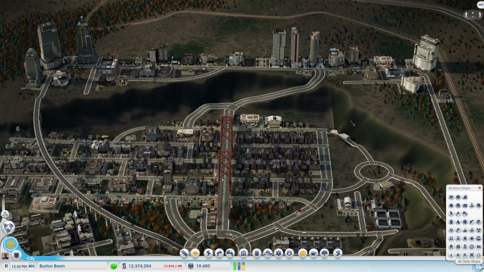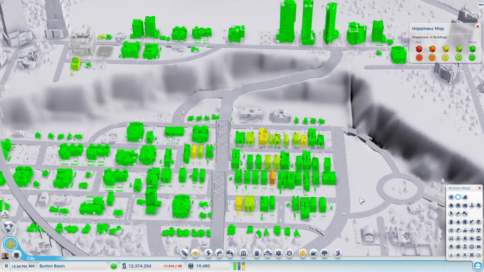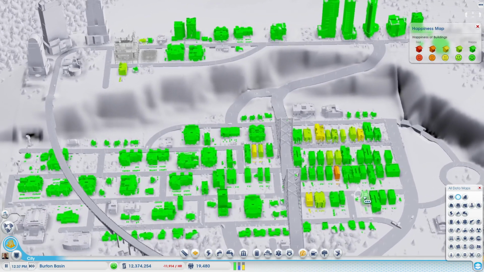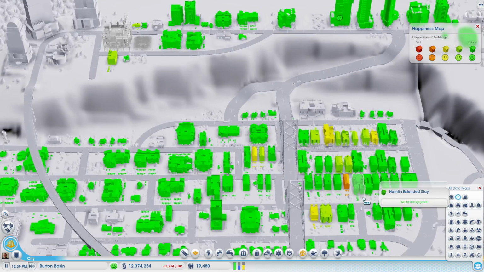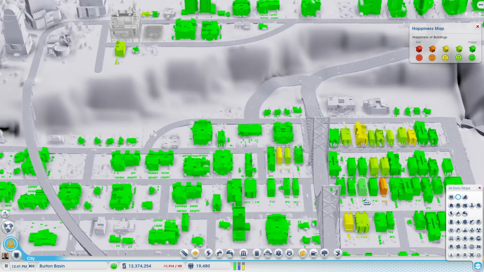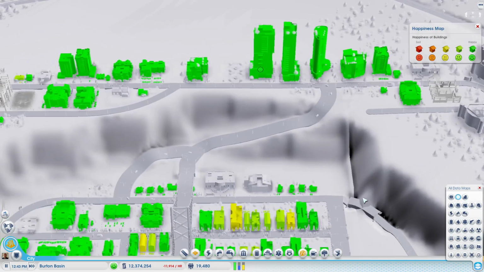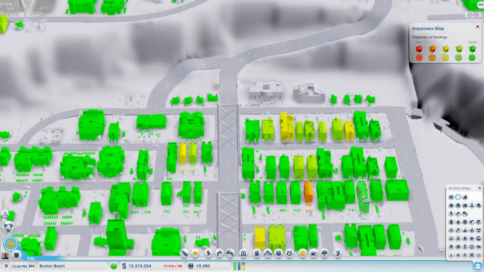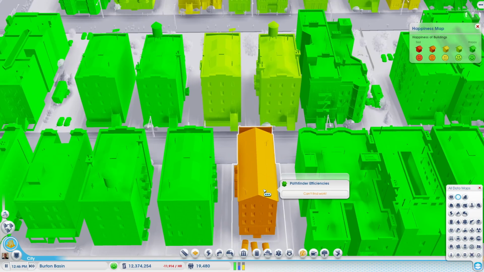With the data layers, the big one is happiness. When I clicked on the government, it was showing me smiley faces, and it's hard to get an idea of what's going on. This is where you can really zoom in and look for, okay, are we green, light green, orange, red, and then get close and find out why.